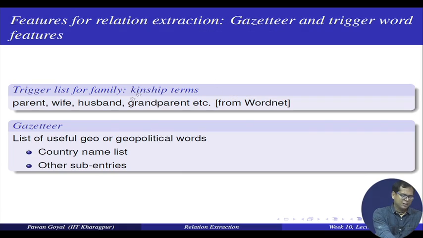And then you can use various gazetteers, like a country name list. So you can see whether the next word after entity 1 is the name of a country, or the previous word before entity 2 is the name of a country. Similarly, names of very famous celebrities or persons, all these can be used as your features.